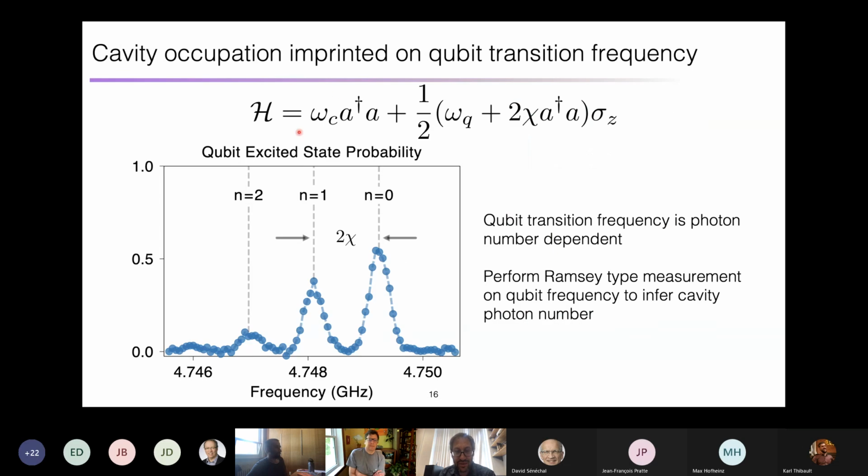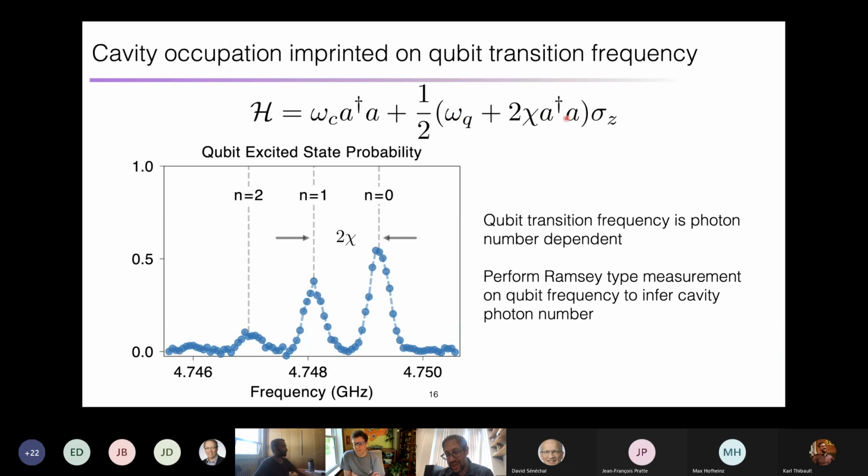Okay, so I said we had a qubit and a cavity, and if we take that interaction term, there was a sigma z there, and we group it, you can see that the qubit frequency now has a dependence on A dagger A, which is the photon number.